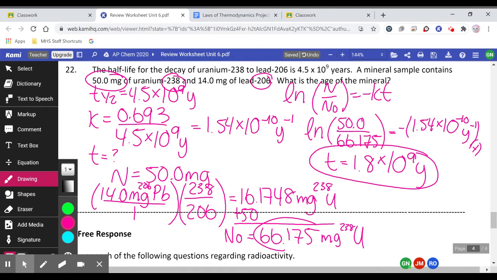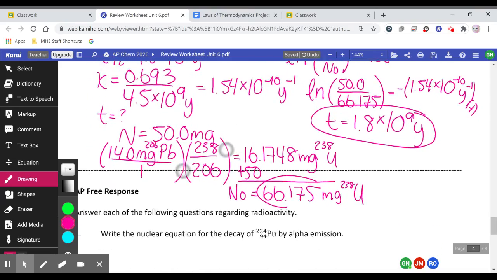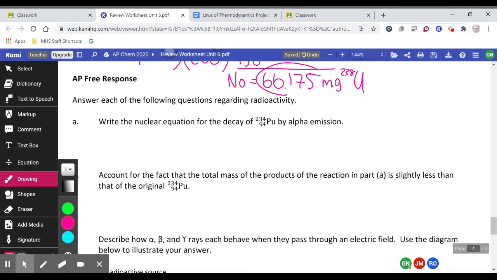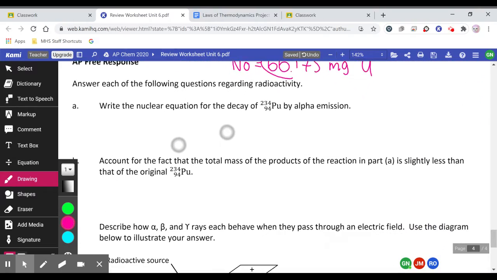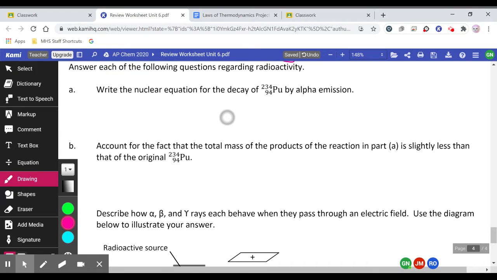Okay, let's look at our AP free response questions. Okay, so our first one, we're going to answer each of the following questions regarding radioactivity. So for part A, it says write the nuclear equation for the decay of plutonium-234 by alpha emission.